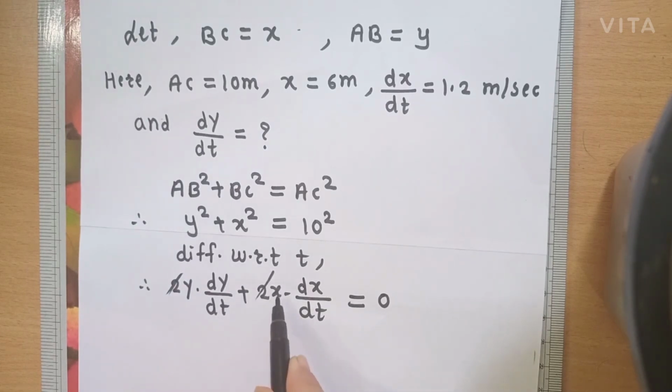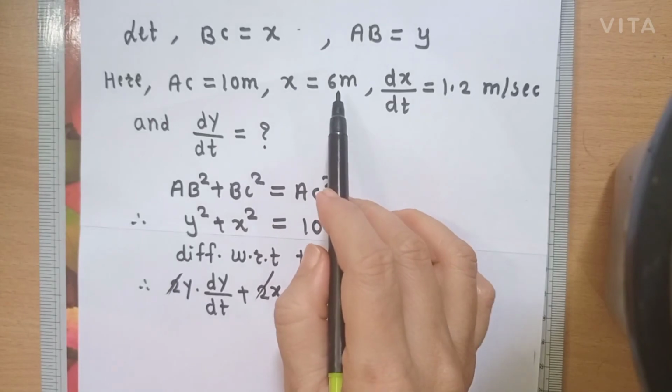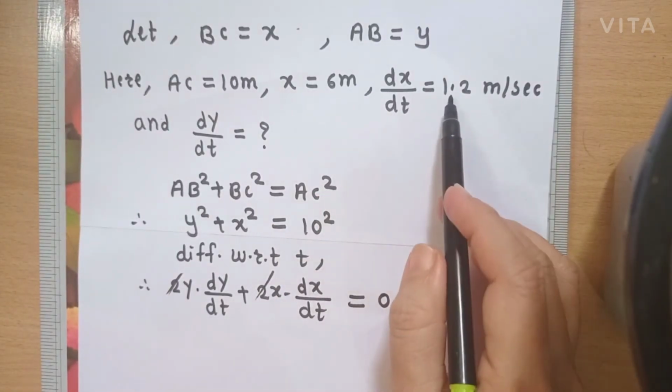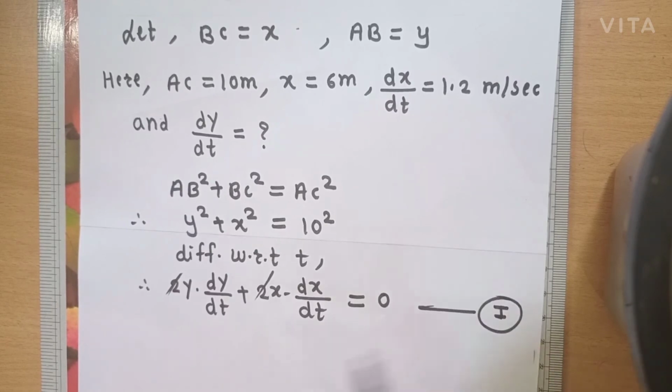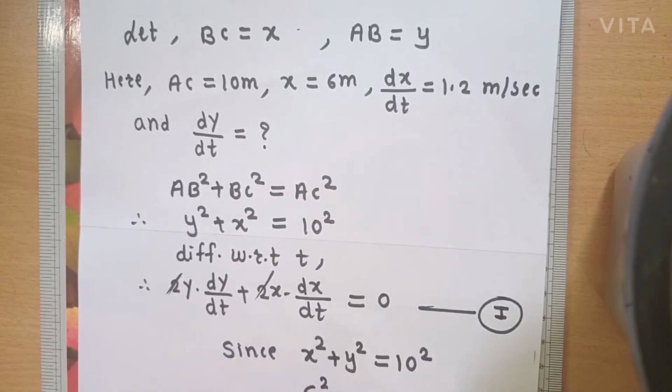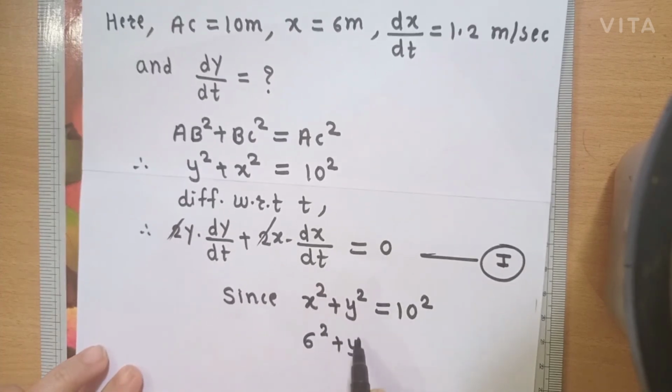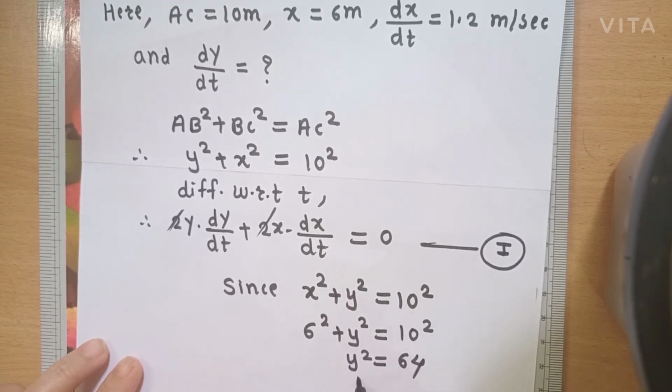Now we know x, that is 6 meter, dx by dt this also we know. We have to find out this. We will find out y using Pythagoras theorem. So say this is first one, and so 6 square plus y square is equal to 10 square, and so y square is equal to 100 minus 36 means 64, and so y is equal to 8 meter.